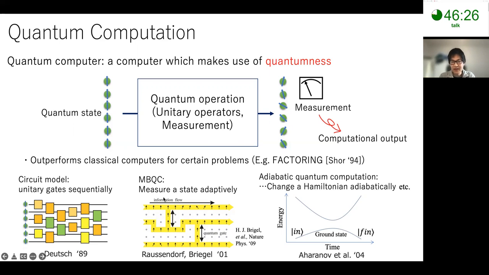Another computational model is so-called measurement-based quantum computation, MBQC, where we prepare an entangled state first and measure this state adaptively. Another interesting example is so-called adiabatic quantum computation, where we change the Hamiltonian adiabatically and the computation is performed by the ground state of the Hamiltonian. And in this talk, as I said before, I will focus on the circuit model.